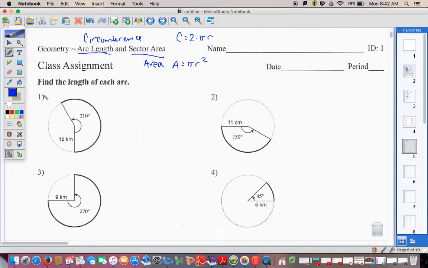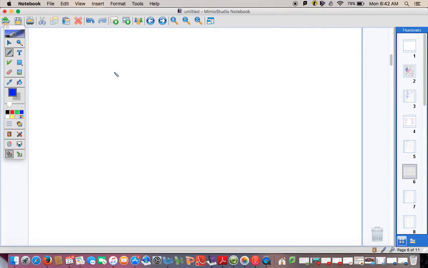Okay, so another thing that we need to think about is the total. If we're looking at a circle, the measure from this point to this point is going to be 90 degrees, and this is 90 degrees, and this down here is 90 degrees, and this here is 90 degrees.